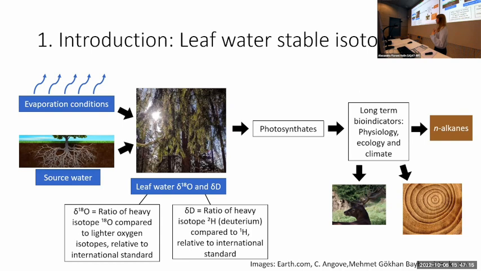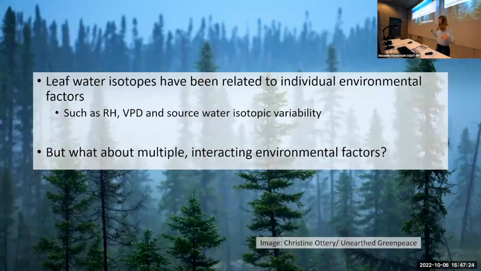And for what I am looking at, which is the water signal, that's the signal in leaf water. So that's why it's so important for us to look at this origin signal in leaf water.